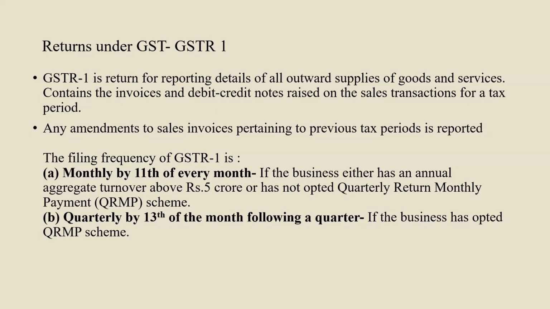Any amendments that you had made because there was a correction, there was a wrong product that was sold, so the debit credit notes and the returns that had to be made, that also will come in your GSTR1. But primarily for us to understand, all sales that I made, I will have to report it on the portal.